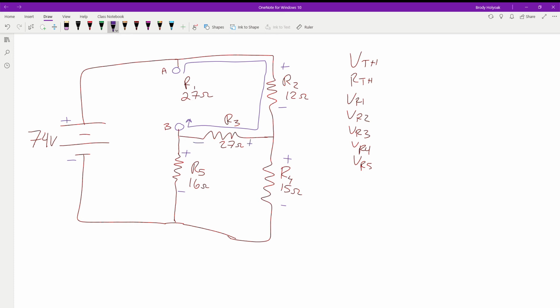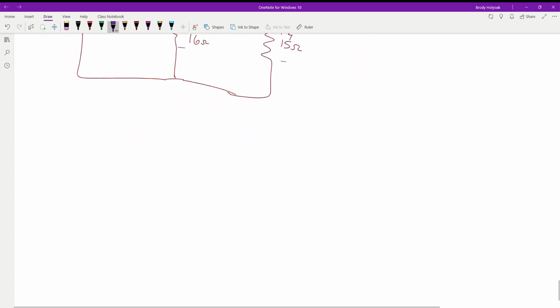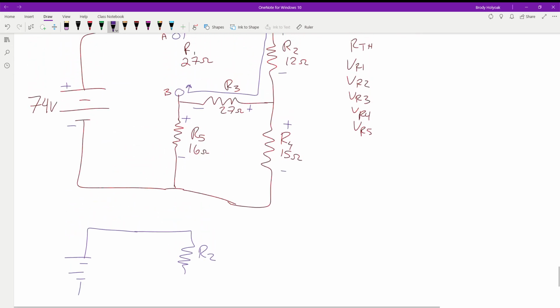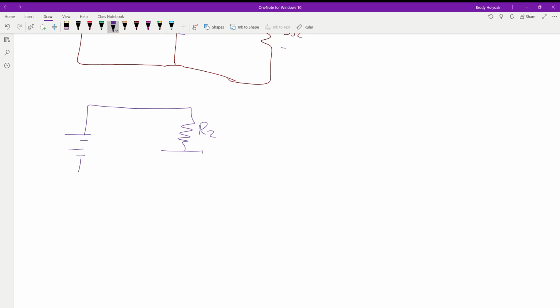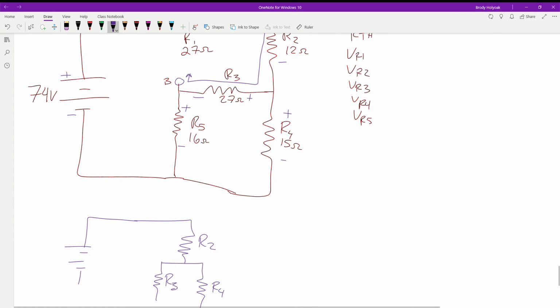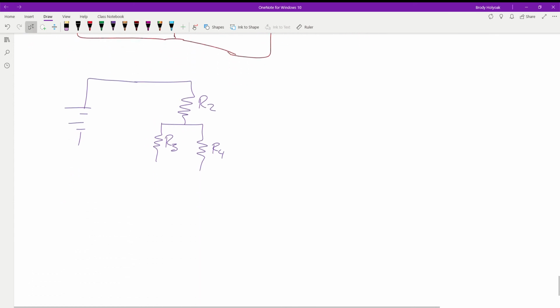So what this is going to turn out to be is we have our circuit with our battery. We have R2, and what's R2 connected to? R3 and R4. What's R4 connected to? R5 and the negative terminal.